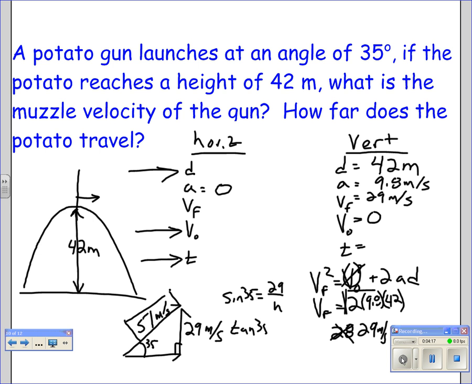Tangent of 35 is equal to 29 over my adjacent side. So 29 divided by tangent of 35 gives me 41. So that would be my initial horizontal speed, which is also my final.